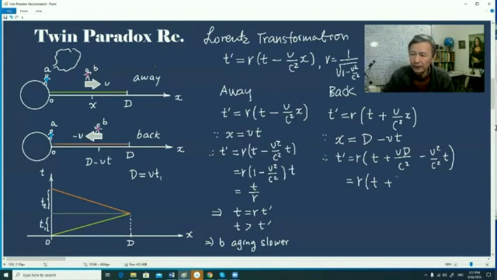So we can write it as v squared over c squared t1, minus v squared divided by c squared times t.